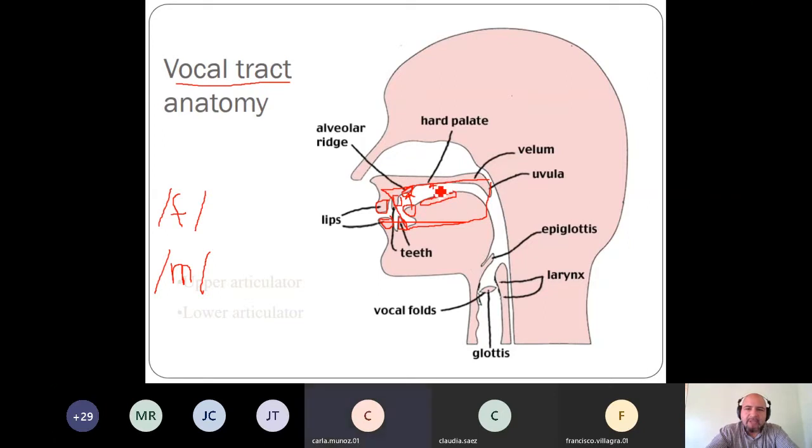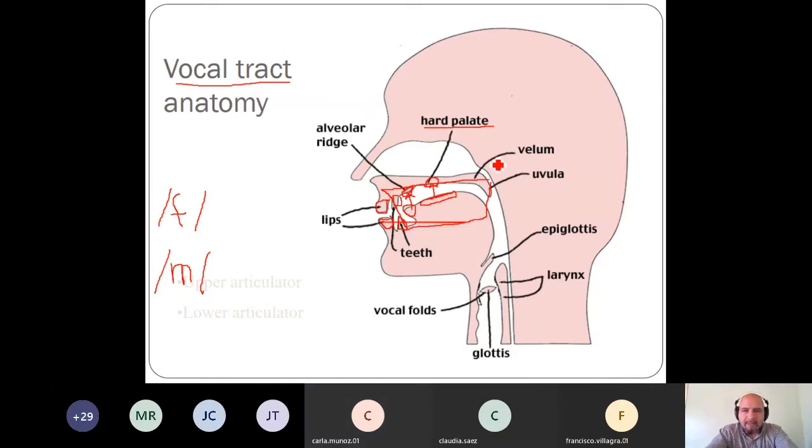When you're producing these words, the tongue is pressing not the alveolar ridge, but a little bit backwards. And this area is called the hard palate.